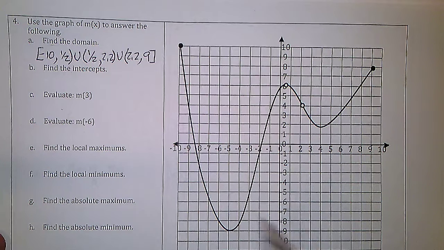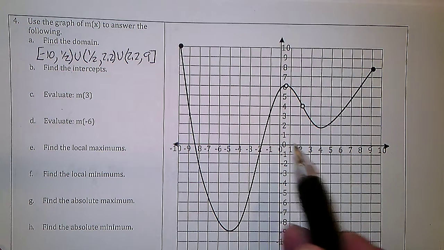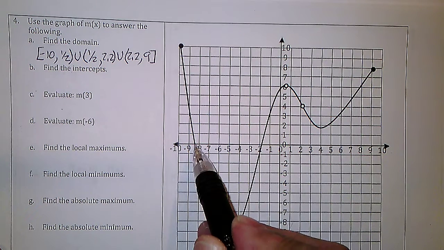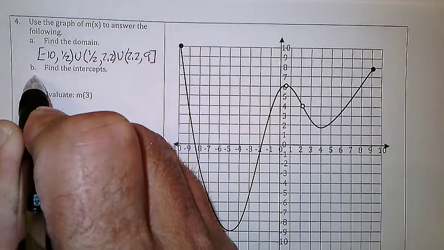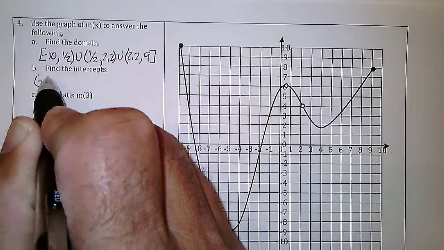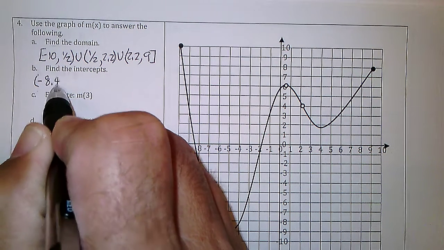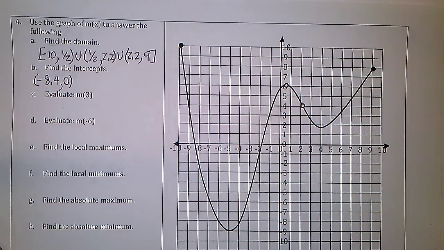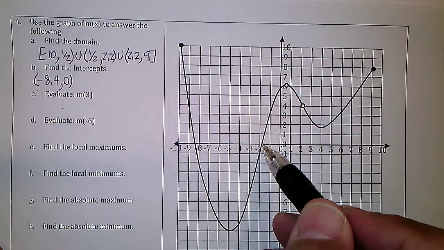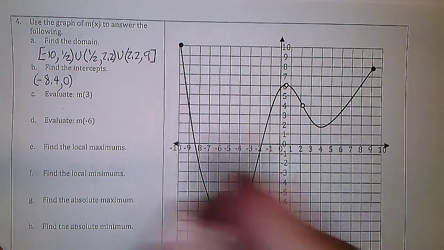Now, what are the intercepts? Well, it looks like it crosses back here at about -8.4 in the x. And it intercepts a point, so I'm giving both coordinates. The next one looks like it's at about -1.8.